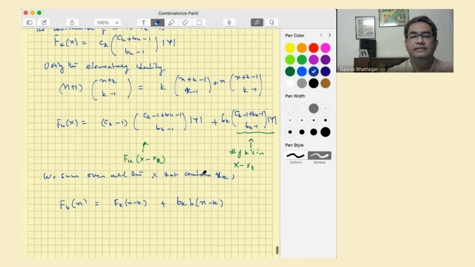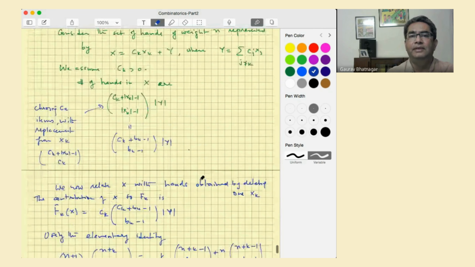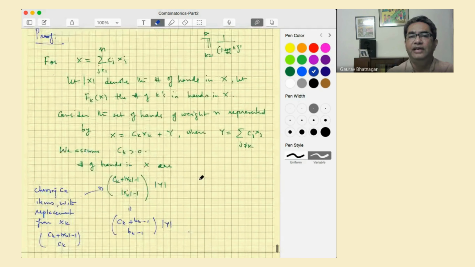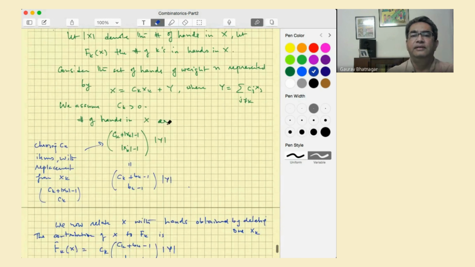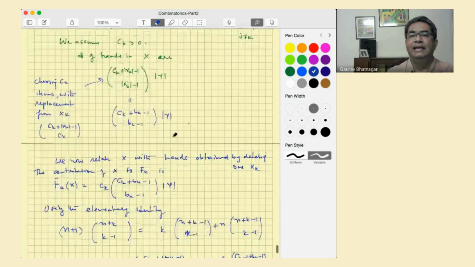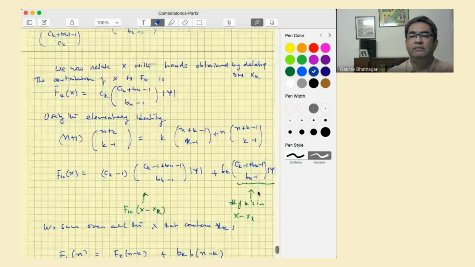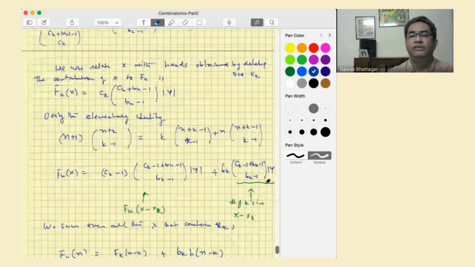Yes, Professor. So essentially, the confusing aspect is that each of these is a set of things. If we are looking at all the numbers over here, the guys which contain xk, this is the total number. And this number shows up over here, this one with xk minus 1.